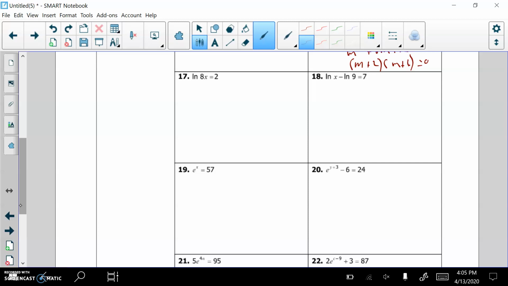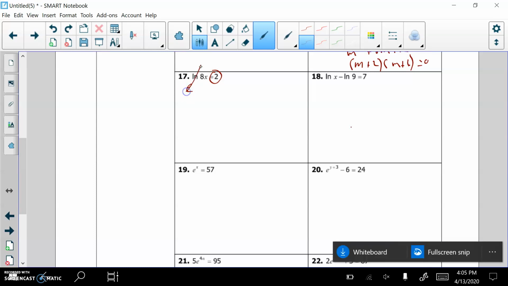Okay, now 17, you can use a calculator to finish it. I'm just going to get it out to the solved form, and you can leave it there or give me an approximated answer when you're doing your homework. So 2 doesn't have a natural log with it, so when I exponentiate and cancel here and exponentiate 2, what I have is 8x is equal to e to the second power.